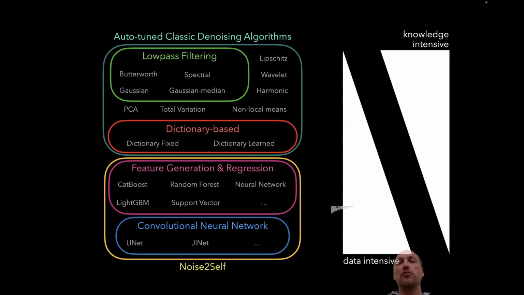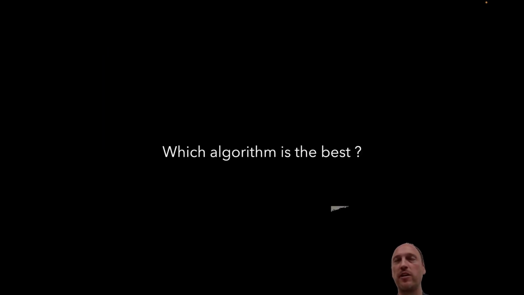You might want to actually use that knowledge to pick an algorithm that is ideal for your imaging system. So really, when one asks the question, okay, which algorithm is the best? That question doesn't really make sense, because you need to know a lot of things to answer that question. You need to know, okay, what are your instrument characteristics? What do the images look like?